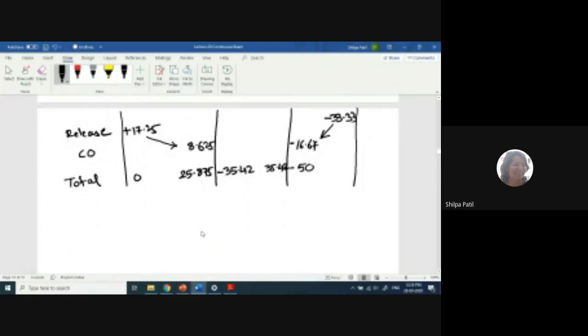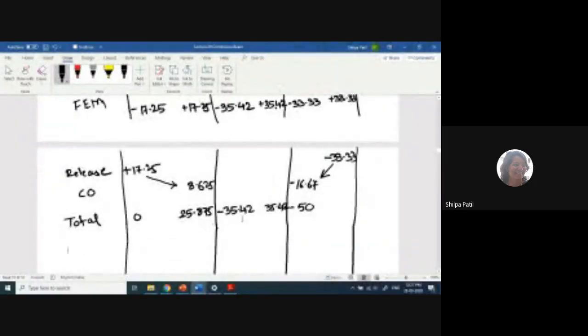So the next steps are at joint B. Let me draw these lines first. Make use of the scale now. At joints B and C, if you observe, the moment in span BA is different and in span BC is different.